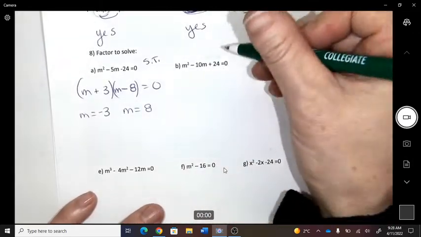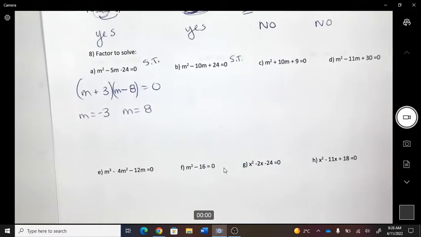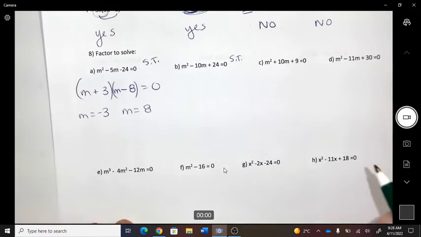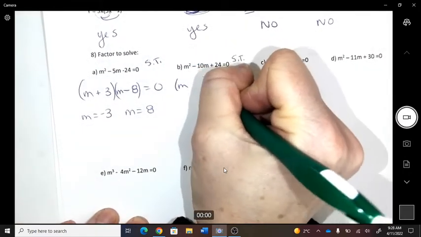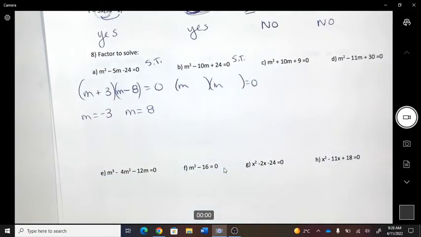Okay, the second one here is a simple trinomial. Okay, so m, m.